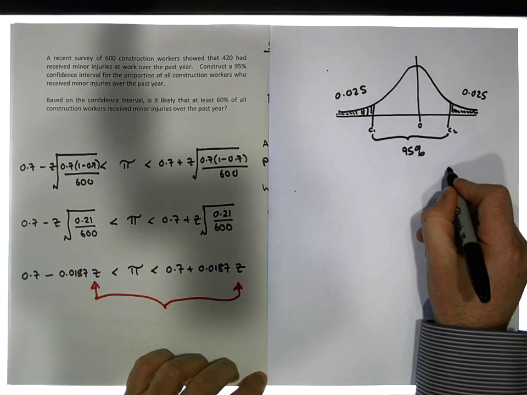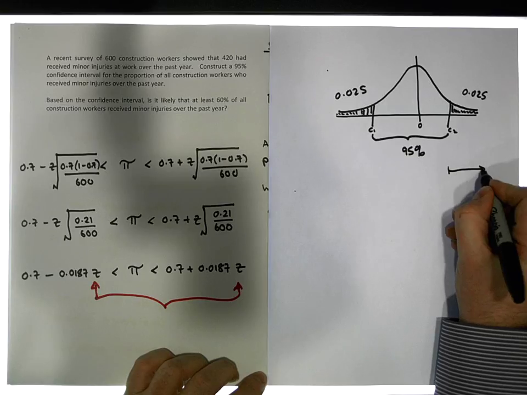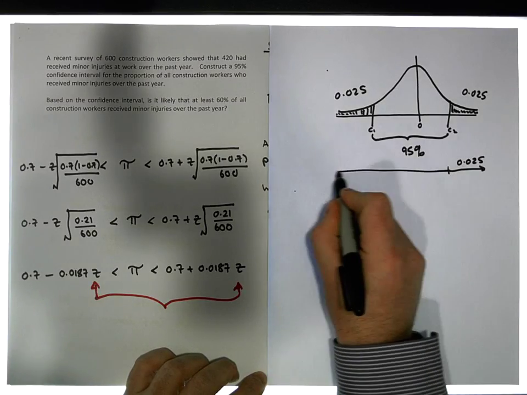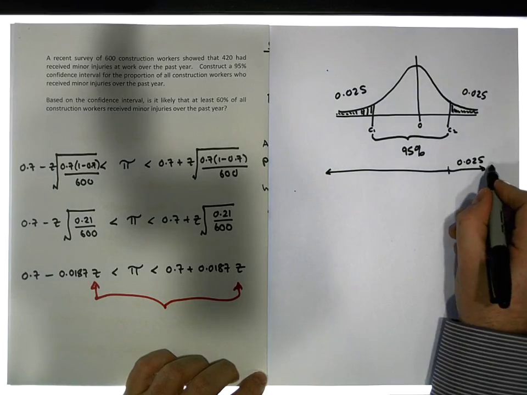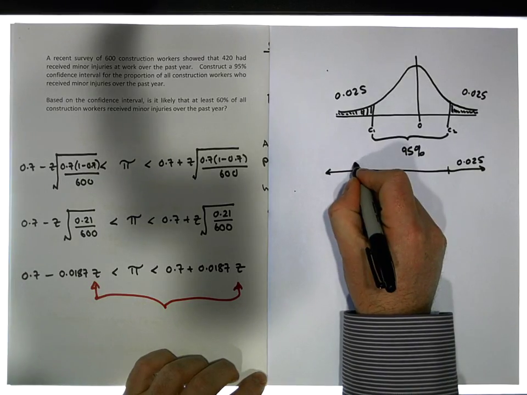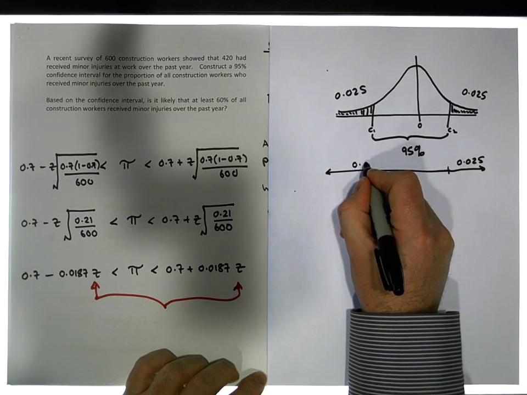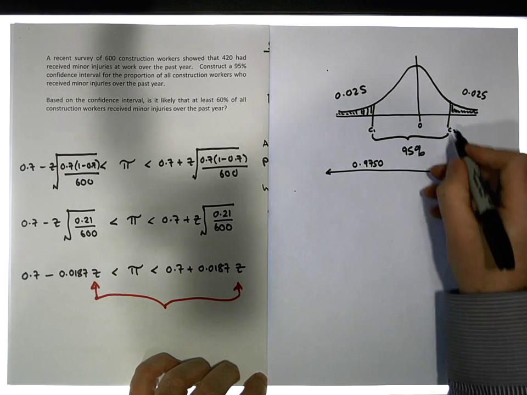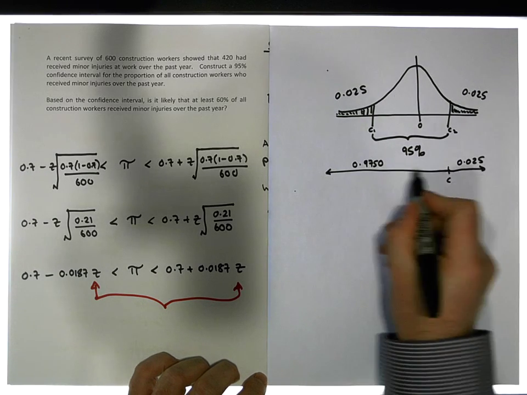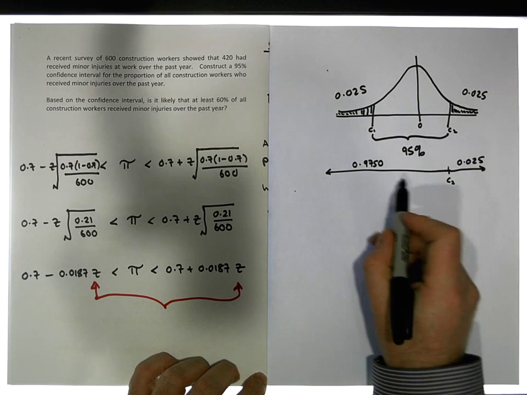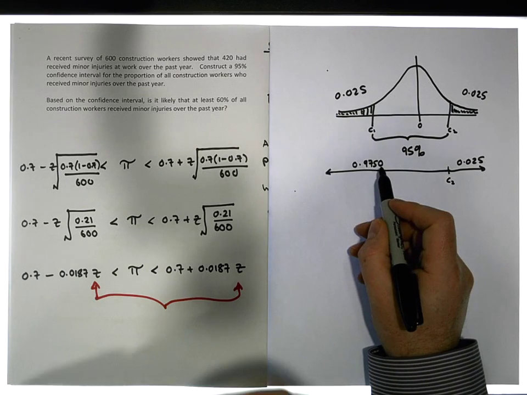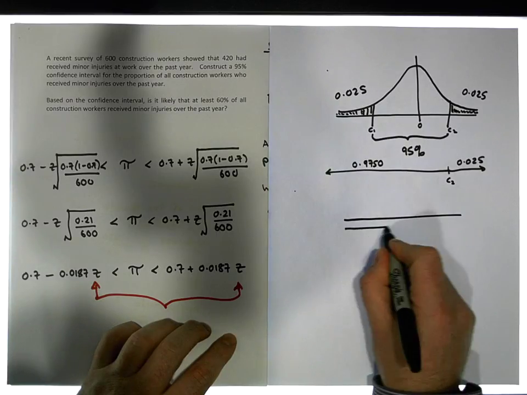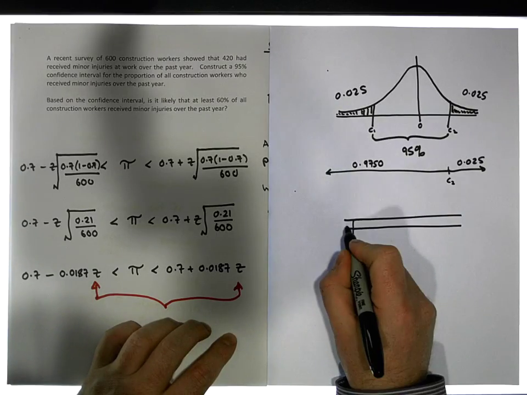So the area from here across needs to be 0.025, which means that the area from here across all the way down needs to be 1 minus this, which is 0.9750. So the area from this critical value C2 down must be 0.9750. So the question is, can we find 0.9750 inside our Z tables?